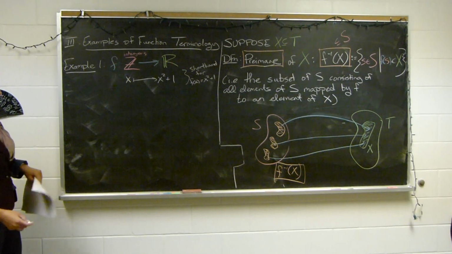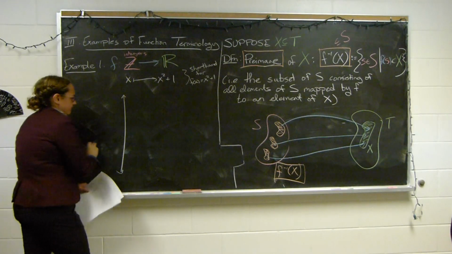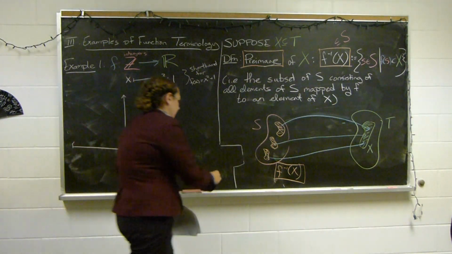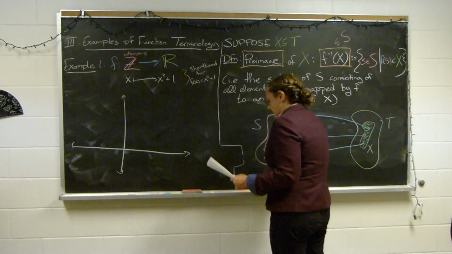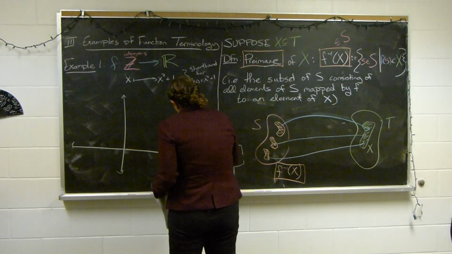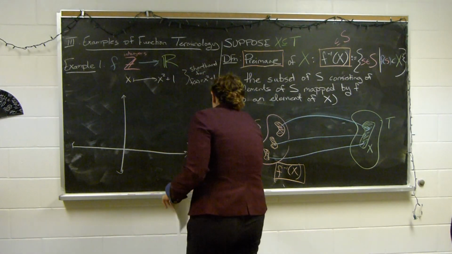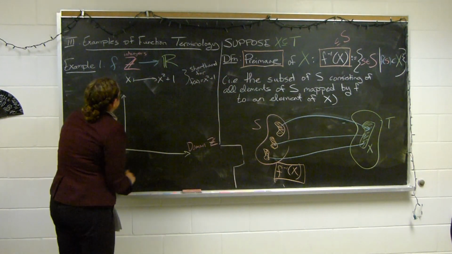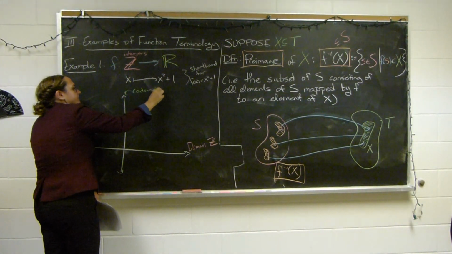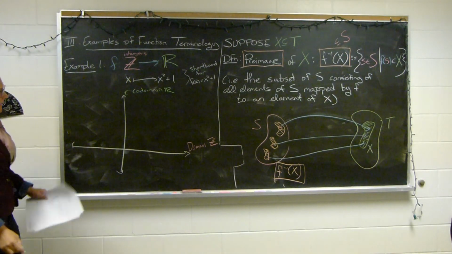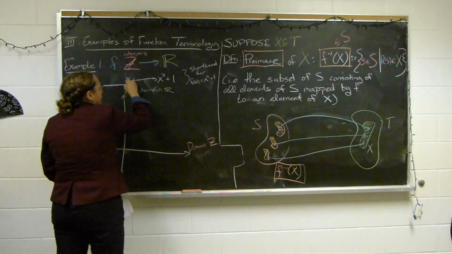Okay, so in the picture, it's good to at least know in simple examples how the picture lines up with everything else that's inside your head already. So we have our domain Z, and then we have our codomain R. I'm going to put a line here to make this visually easier for you.